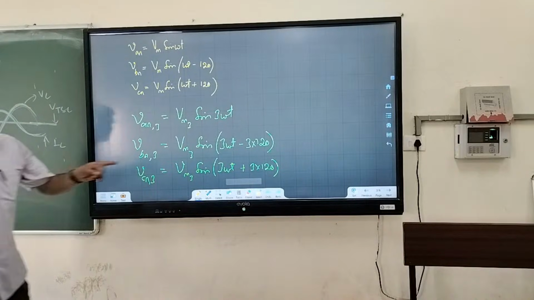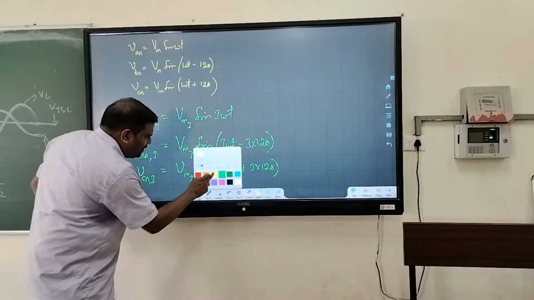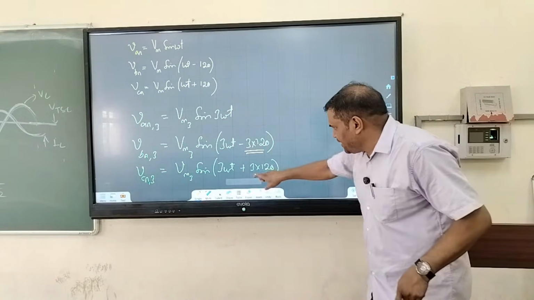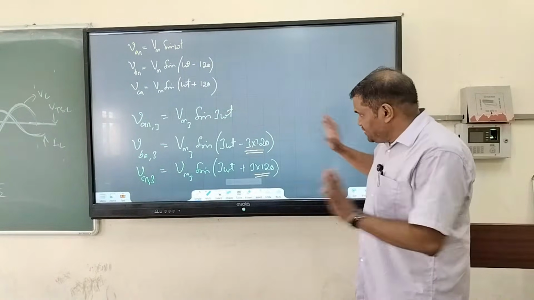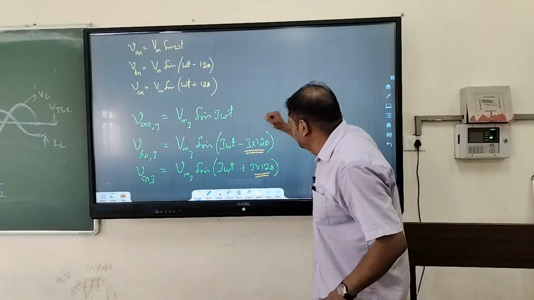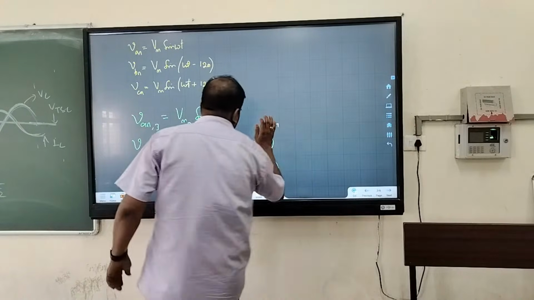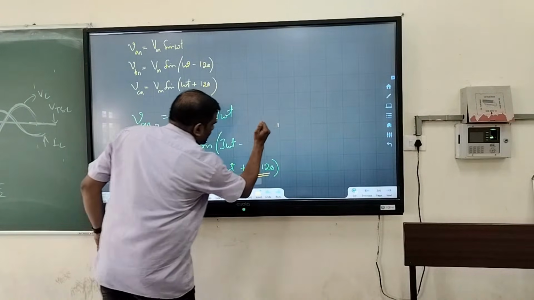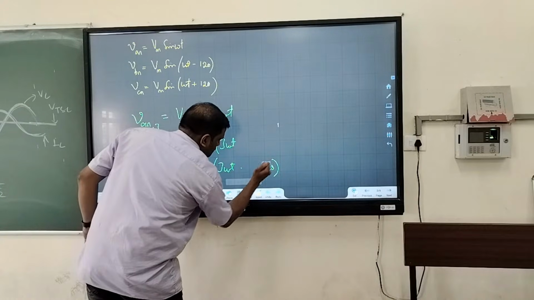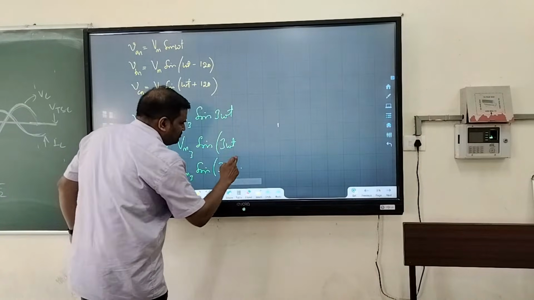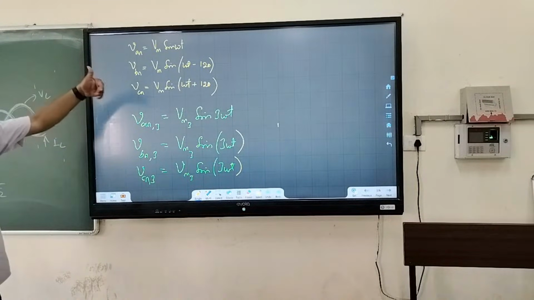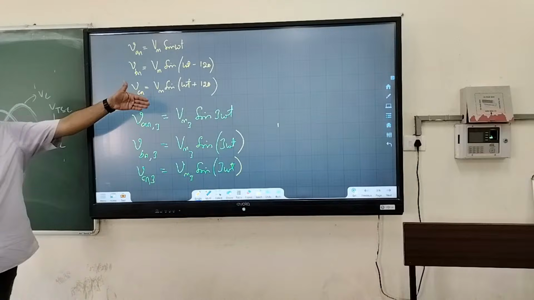You will observe here that this quantity is 360. If this quantity is 360, I can rub this out. What do you understand if the three-phase voltages are given now?